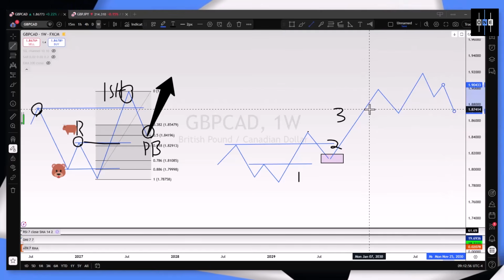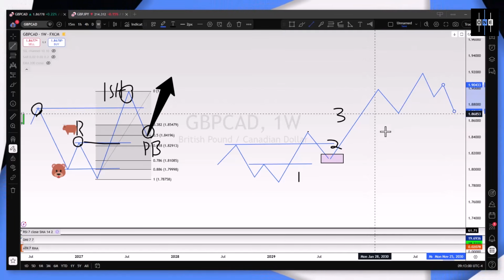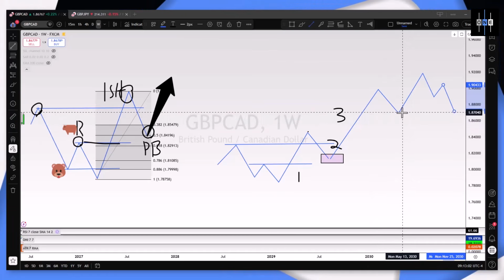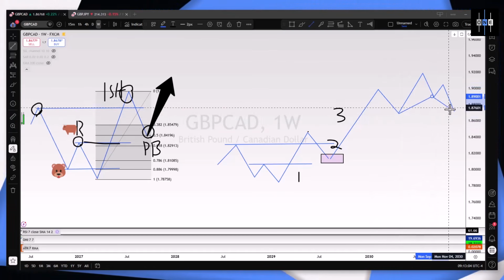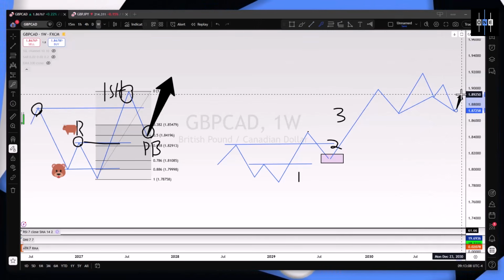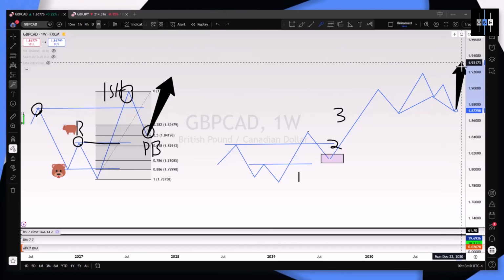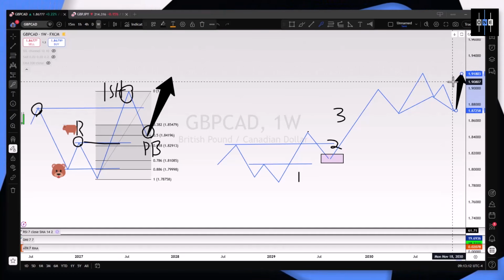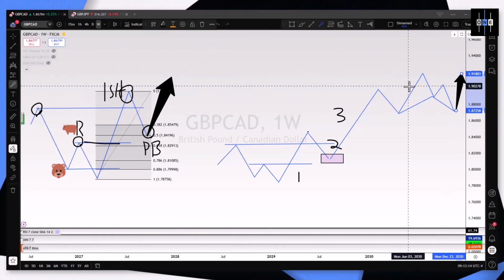You guys see it yet? Yeah, right? Often an advanced pattern formation before the market either goes back into consolidation or continues up. Really cool stuff.